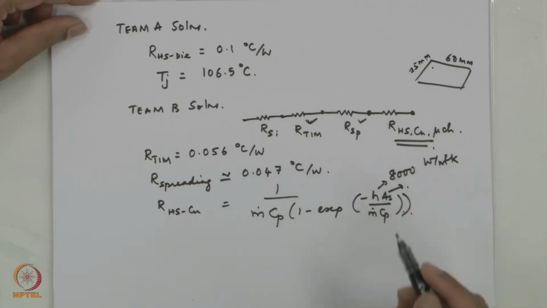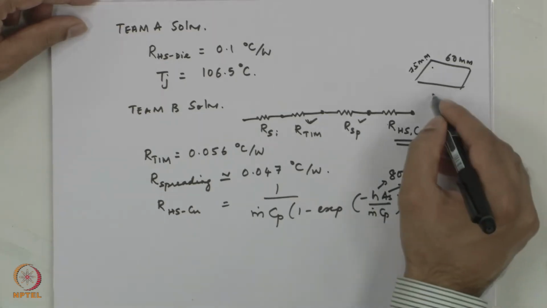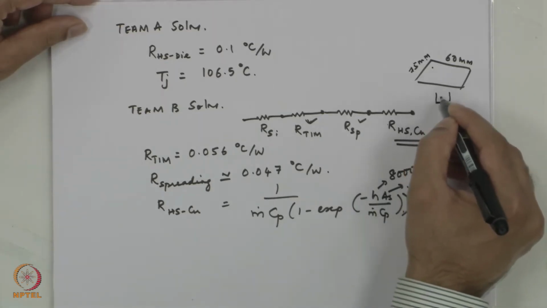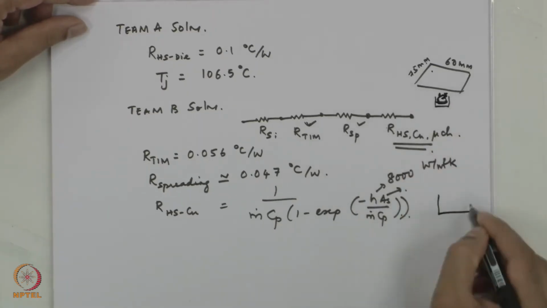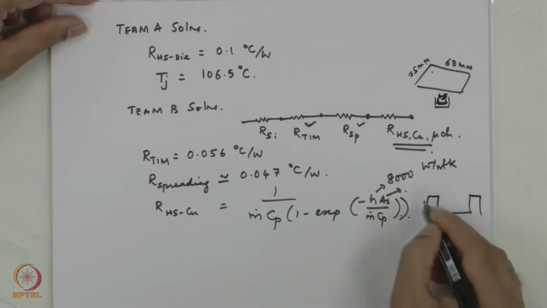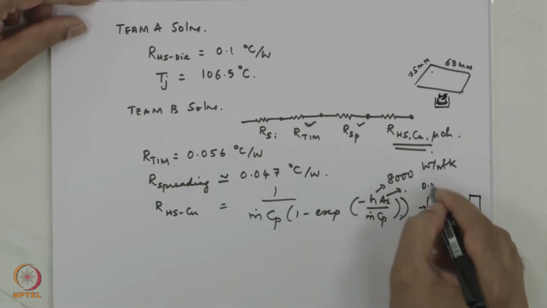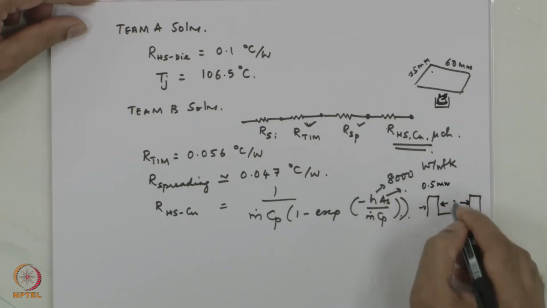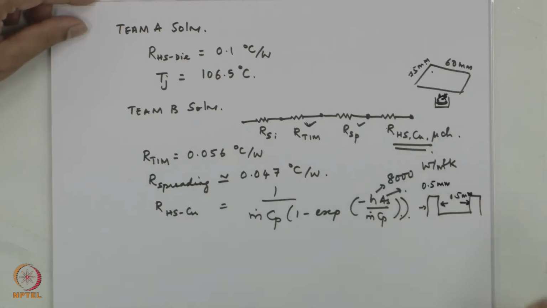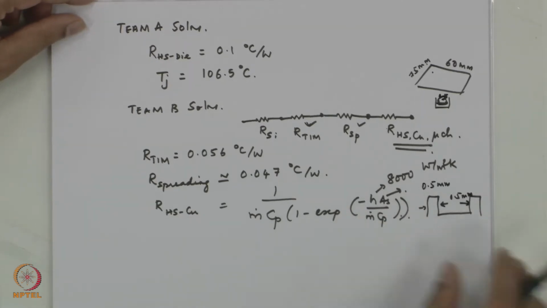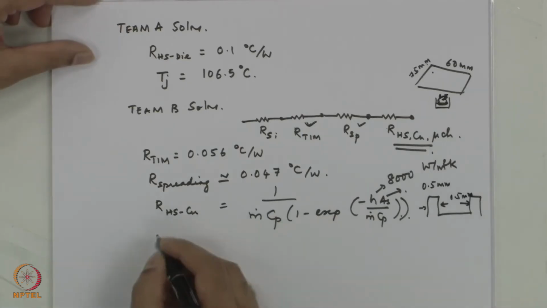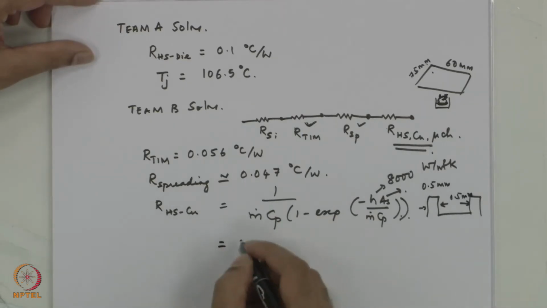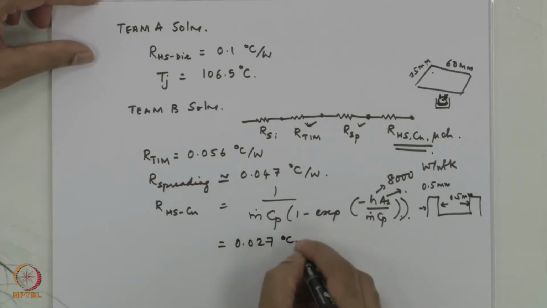So, we need to include this here, and we need to calculate a surface area based on the same as before, where the fin is 0.5 mm thick and the channel is 0.5 mm thick. It is very similar to before. With all these numbers and m dot from previous, we can easily estimate the cold plate or heat sink resistance to be 0.027 degree C per watt.